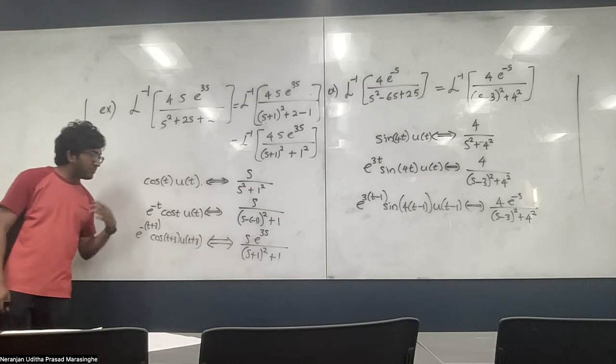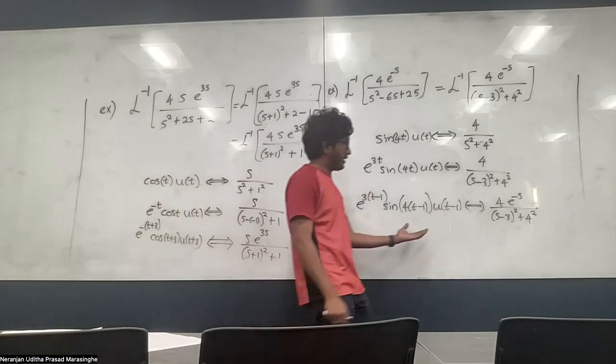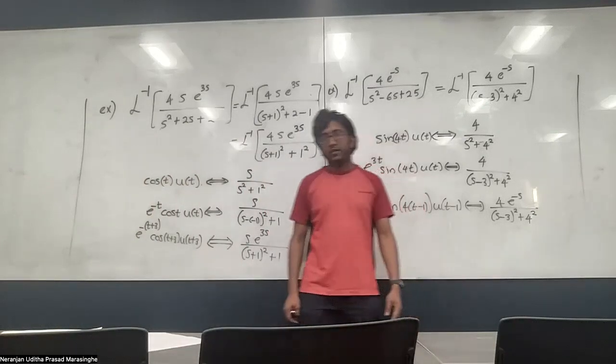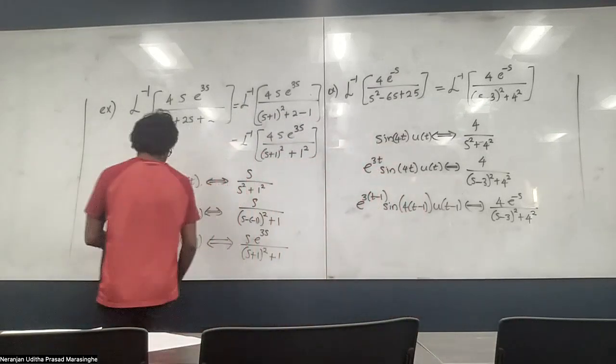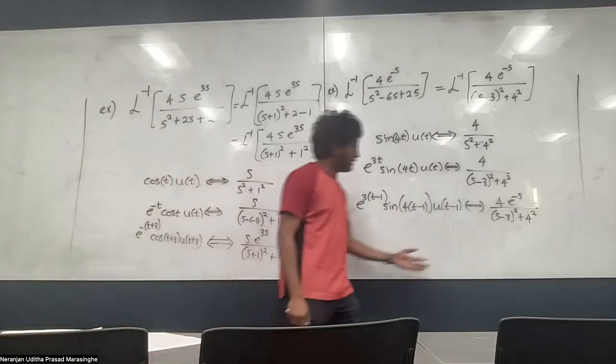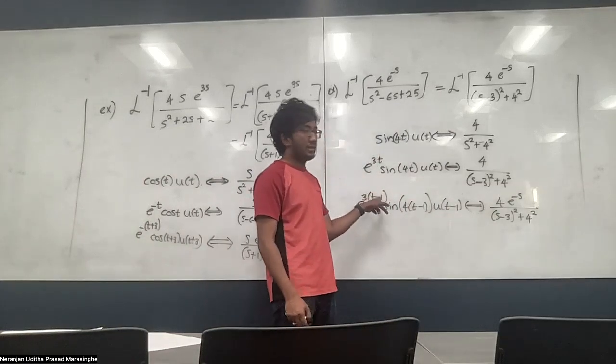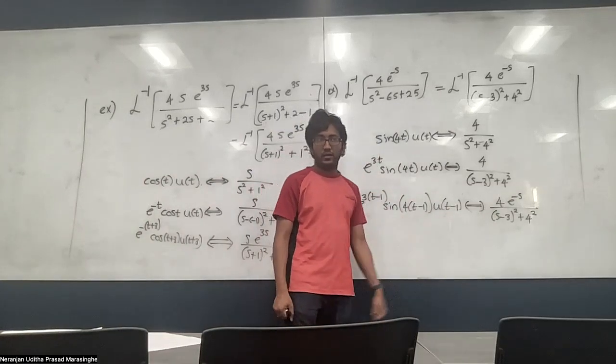So the formulas behave differently in these two theorems. In the first translation theorem it behaves one way, and in the second translation theorem it behaves another way. Because if you have minus 1, you have to put minus 1 in the second translation theorem.